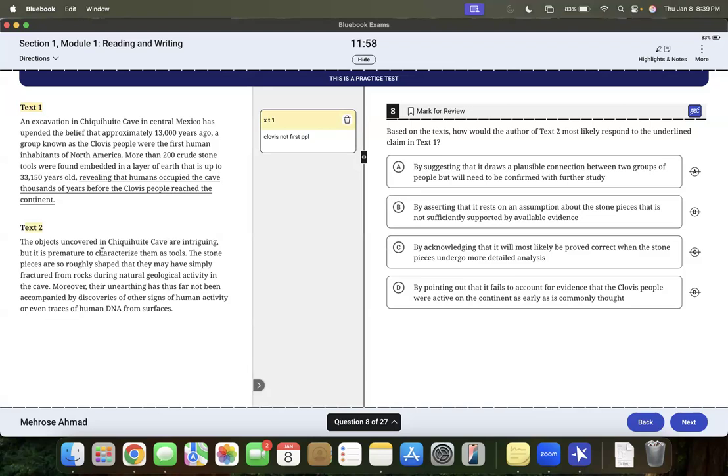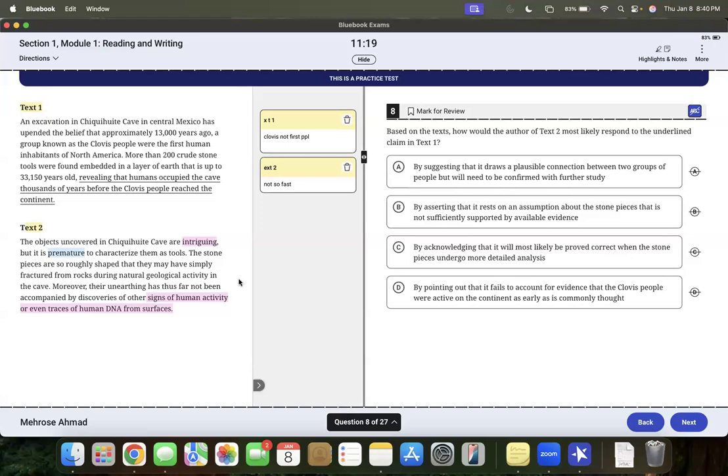Text two. Objects uncovered in Chuhai Cave are intriguing, but it's premature to characterize them as tools. The stone pieces are so roughly shaped, they may simply have fractured from rocks during natural activity. Moreover, their unearthing has thus far not been accompanied by discoveries of other signs of human activity or even traces of human DNA. Okay, so text two is basically saying, not so fast. These are interesting objects, but we can't call them tools yet, which means we can't say these are things made by humans.